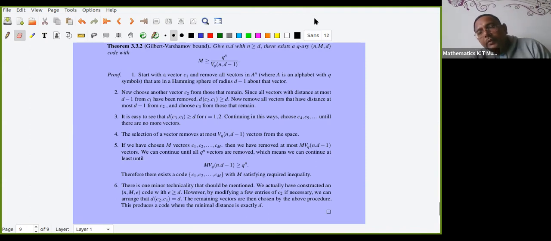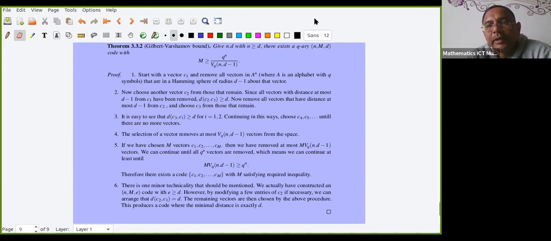Okay, then you can go through it carefully and we'll start in the next class. It is not complicated. You can understand it, it's like an algorithm. There is no code now as such. We are constructing a code with at least this many vectors.